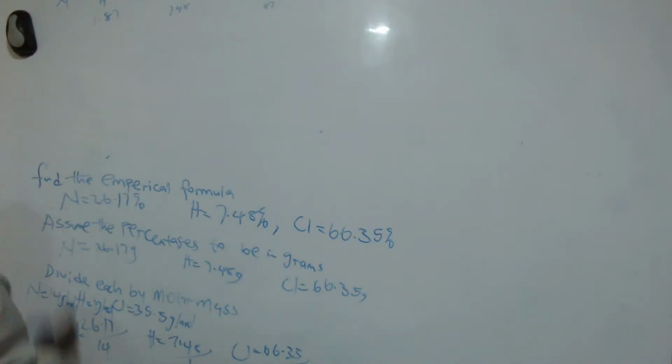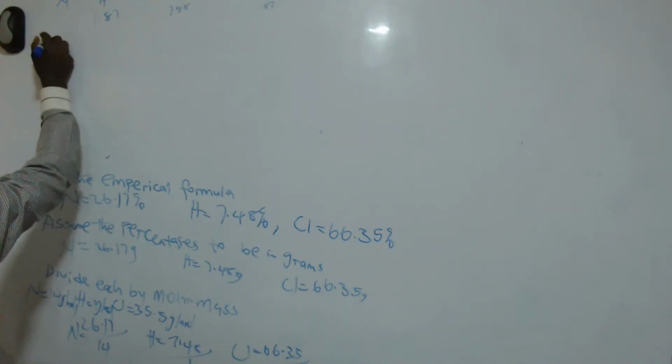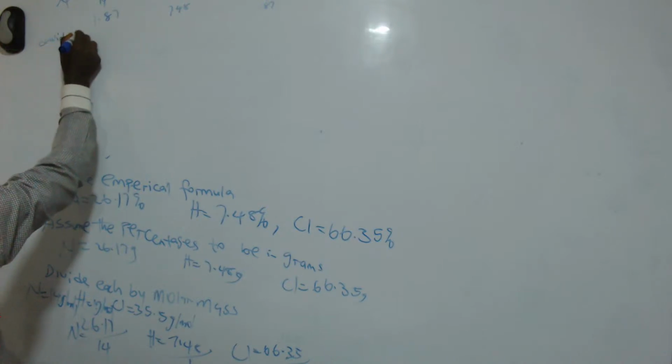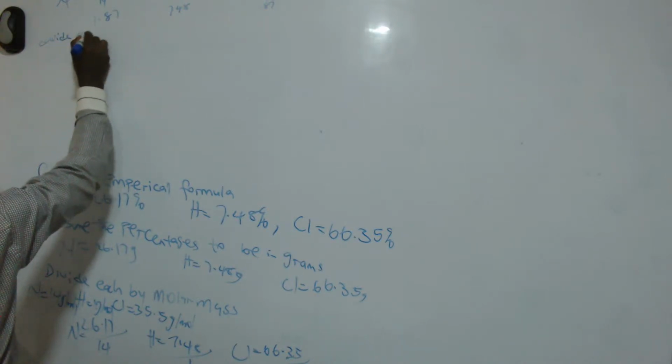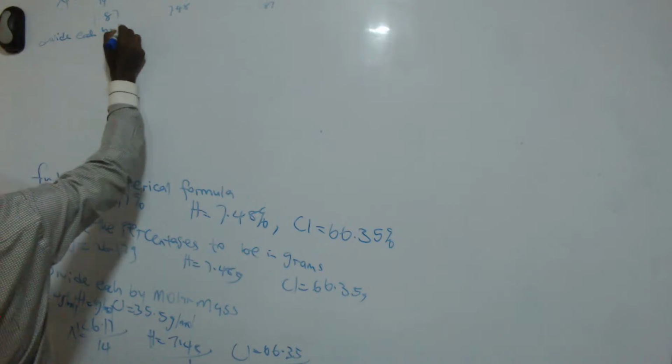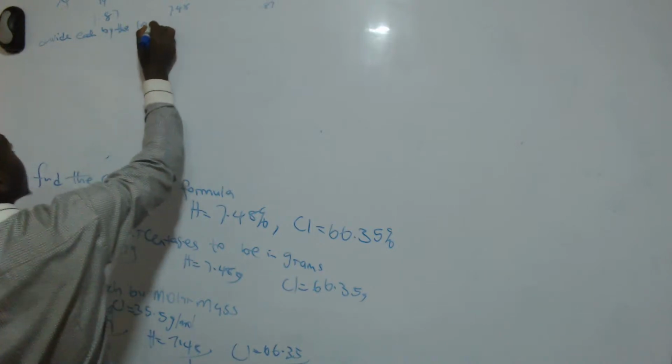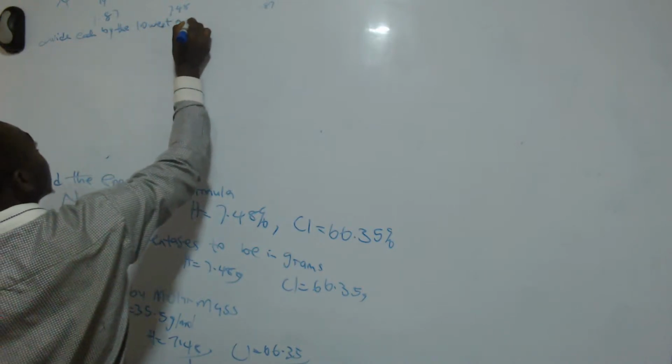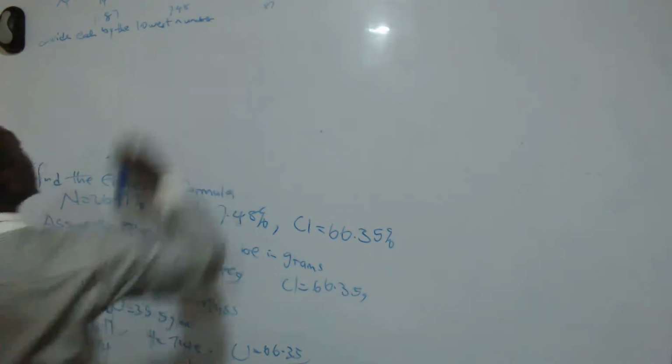Now the next step is to divide each by the lowest number. The lowest number here is 1.87.